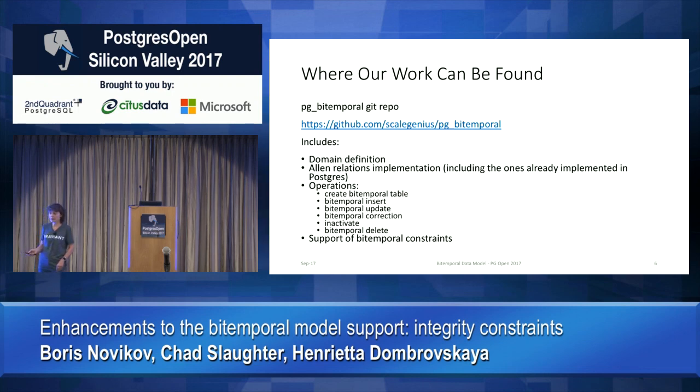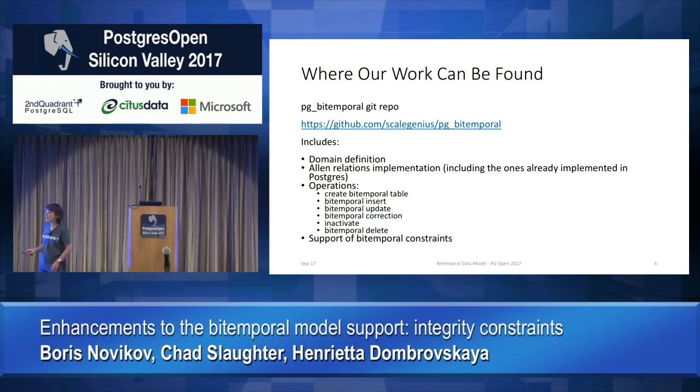And what we have there, we have the definition of our time domains, so how you can set the domain for your application. We have implementation of the Allen algebra of intervals, because Postgres does have some of these functions, but does not have everything, and for some of them it's a little bit different from the classical Allen definitions.